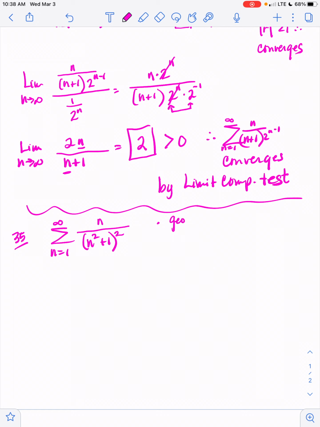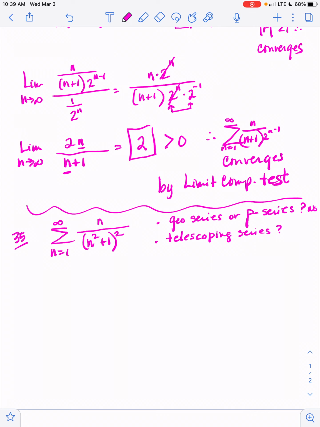Is it a geo series or a p series? Because those are easily recognizable. Doesn't look like. No. How about, is it something that, well, I don't know that it's a telescoping series, but you're going through this flow chart of thinking.